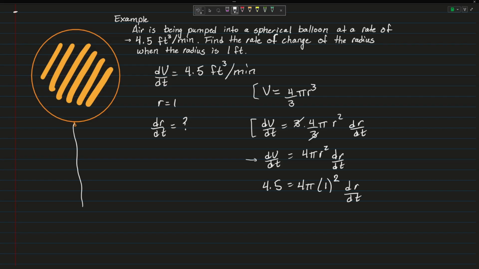So all we have to do is to take 4.5, divide it by 4 pi, and that's going to give us dr/dt. And that will be in feet per minute. Okay, again, I'm not as worried about units right now. I just want you to understand kind of the concept and how to do it.